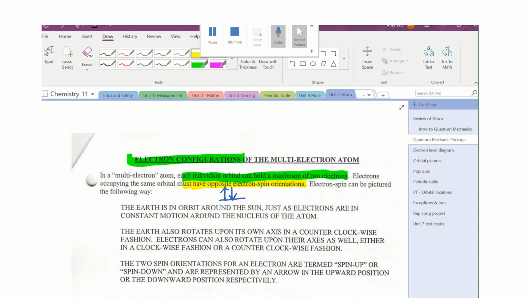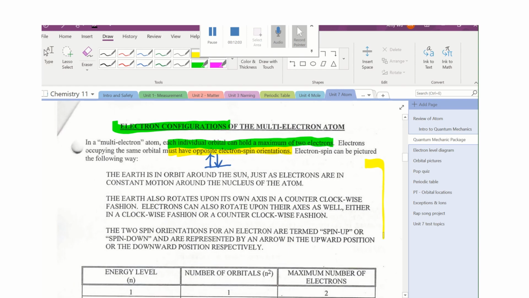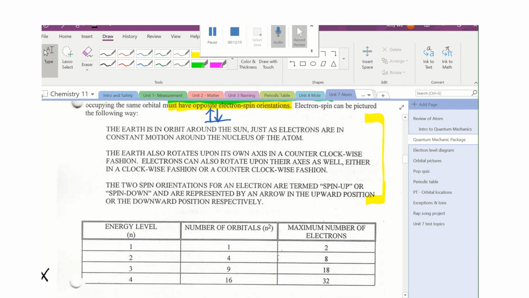Otherwise, because remember electrons like to repel each other, in order for them to get along, they need to have these opposite spin orientations. So here is just an analogy. I'm going to have you read it and talk about why electrons have to be one spin up, one spin down. But again, it's just something to remember, just an analogy for you to remember.